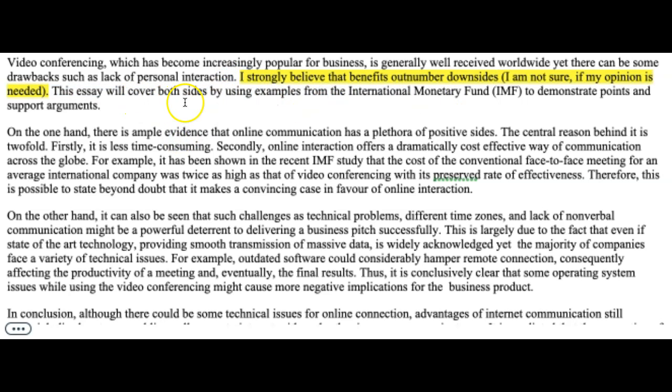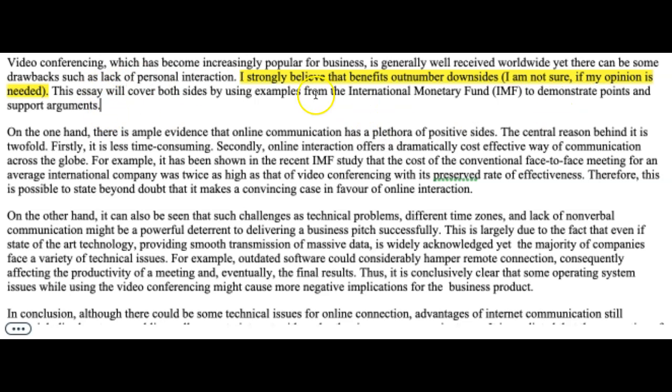As I say, you cover both sides by using examples from the IMF, to show points to support arguments. So here we could even say from the IMF and the software industry, to demonstrate points and support arguments.